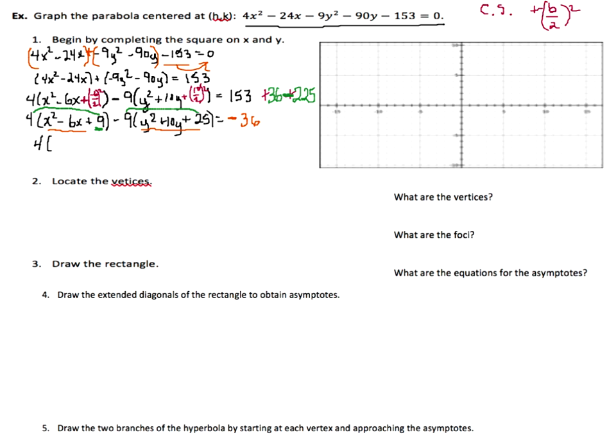So this is 4 times (x minus 3) squared minus 9 times (y plus 5) squared equals negative 36. Well, we know the standard form of our equation is equal to 1, so I'm going to divide every term by negative 36.